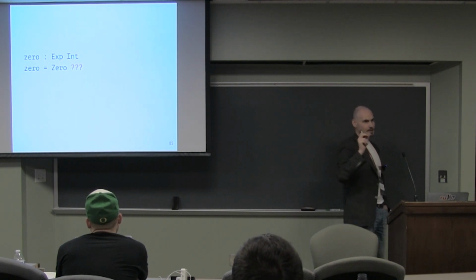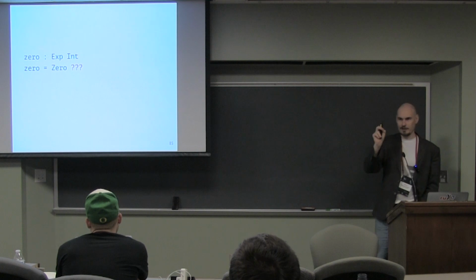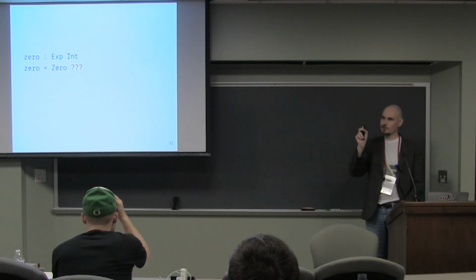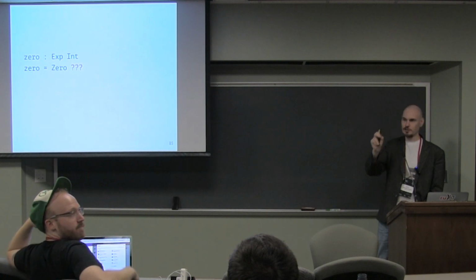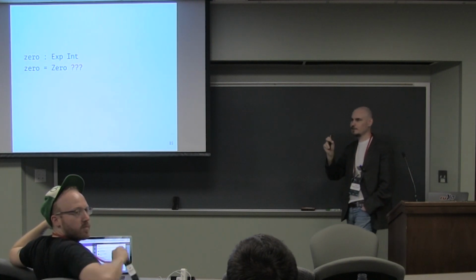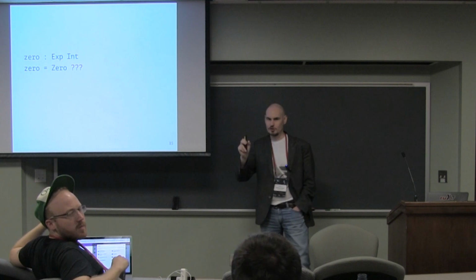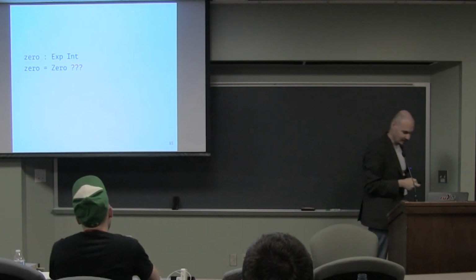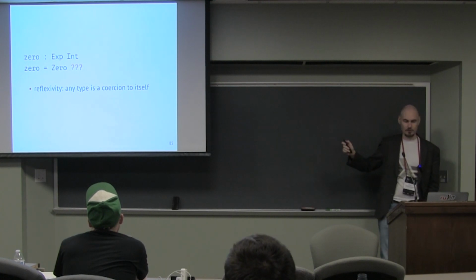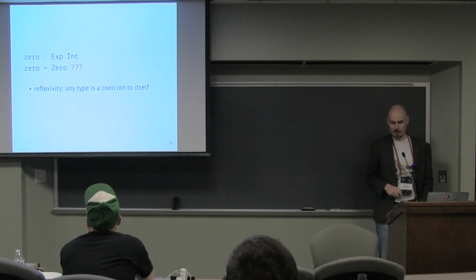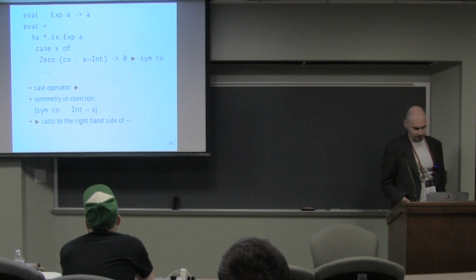We just use the type itself as evidence of coercibility to itself. So if you say, well, just int is evidence that int can be coerced to int, that's what they do. But technically, it's just reflexivity. So that's what you need to compile this code.